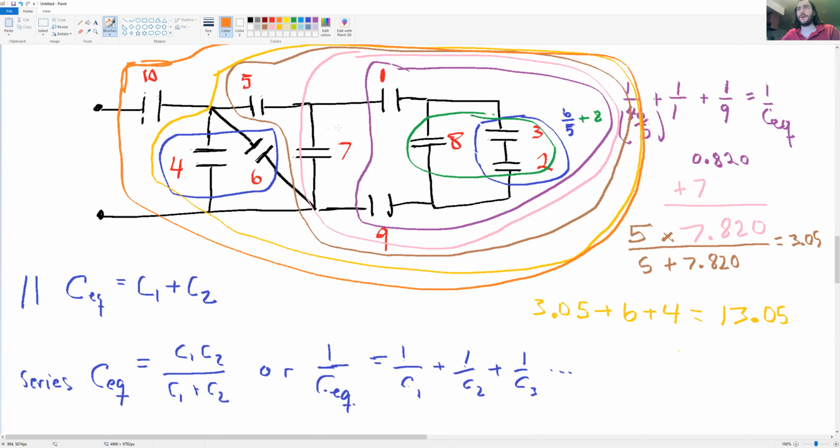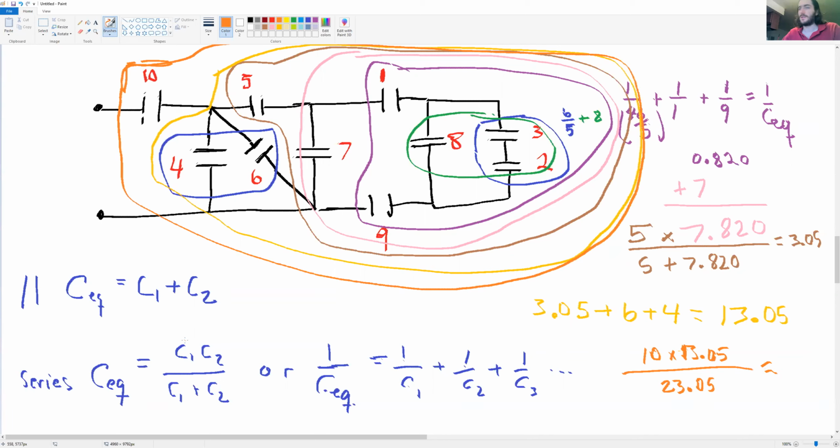Now this one is a series, so this one will be sum of the reciprocals or product over sum. Let's go ahead and do product over sum. So 10 times 13.05 over 23.05, so 10 plus 13.05.